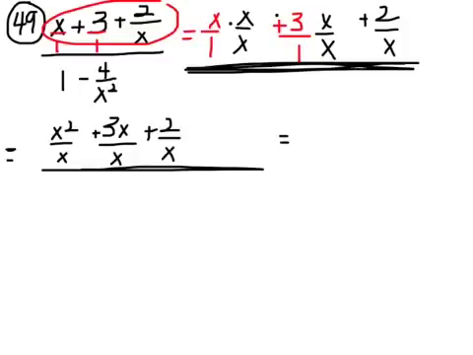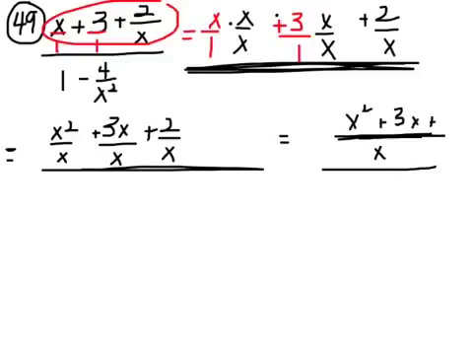And they all have a common denominator now, and when I add fractions with common denominators, don't I just keep the denominator? So if I want to rewrite it, I keep the common denominator of x, and I just add across the top, so that becomes x squared plus 3x plus 2.